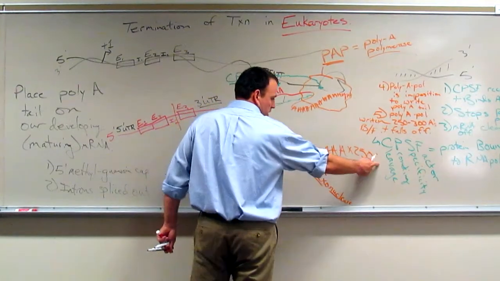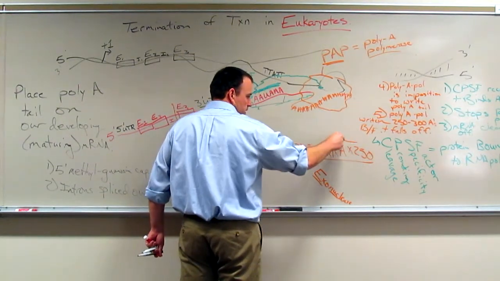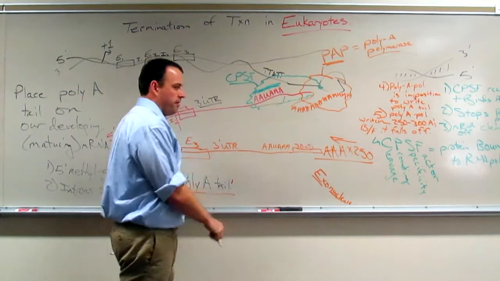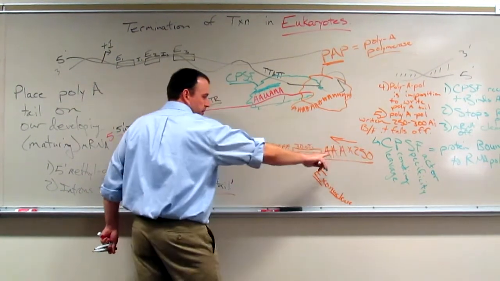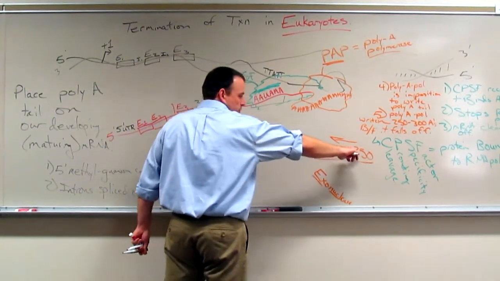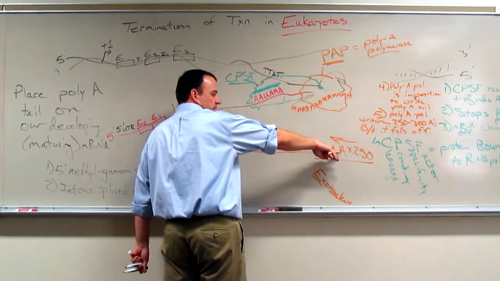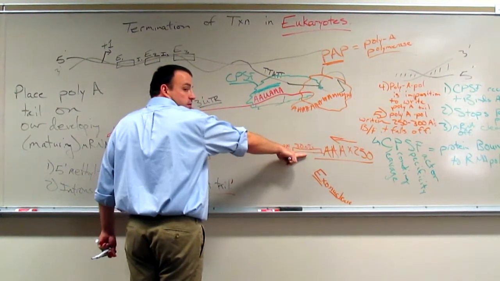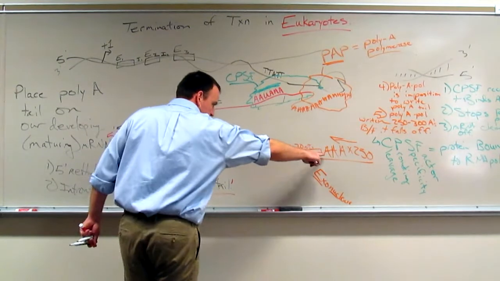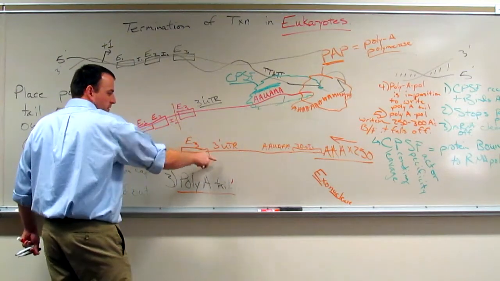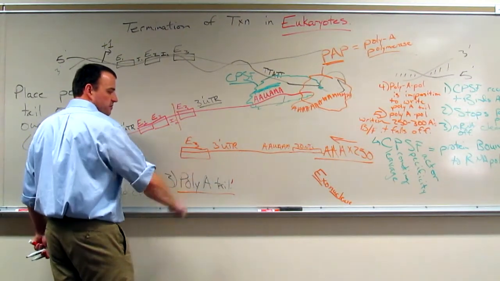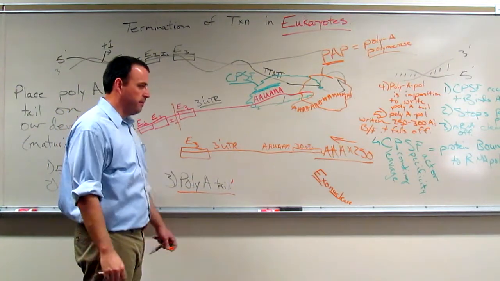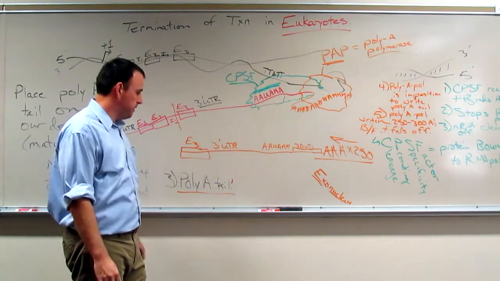If it tries to chop up this nascent mRNA from the 3' end, it's got to churn through 250 A's that are meaningless before it begins to get into the regular part of the mRNA. And it still has to chop through this whole 3' UTR before it actually begins to destroy the protein coding part of the gene, of the mRNA.